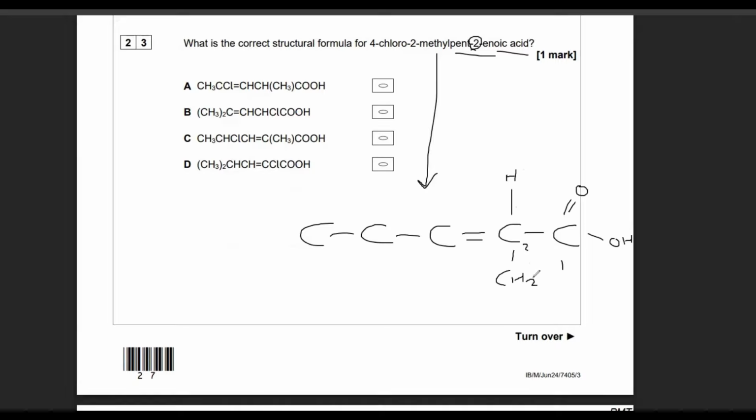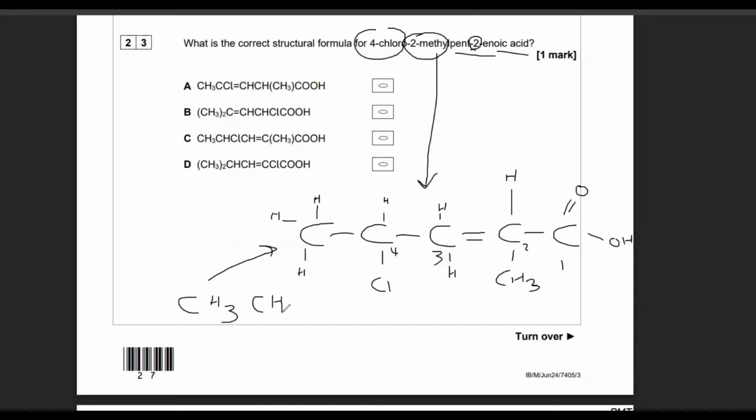All right, let's go through this. So what I'm doing here, I'm numbering it with the carboxylic acid being the high priority in this molecule. So that is going to be carbon 1. Carbon 2 has a methyl group coming off of it, and the double bond. Carbon 3 doesn't have anything coming off of it, although I've done 5 bonds. What a wally. So we're going to go through and convert this CH3, and then it's going to be CHCl, and then CH, scribble, because I had to scribble that out, because each carbon should only have 4 bonds.